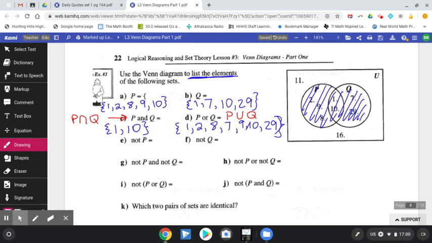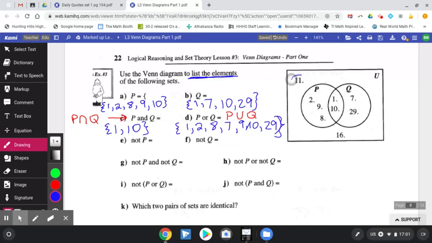Okay, not P. Let's get rid of our shading here. Not P means I am taking everything that is not in circle P. So it's going to be 11, 16, 7, and 29. Those are the ones that are not in P. Your order, again, doesn't really matter. 7, 11, 16, 29.